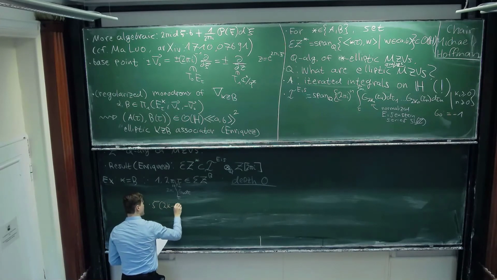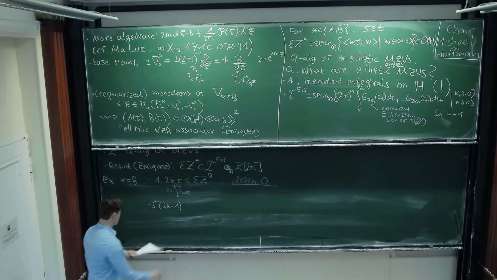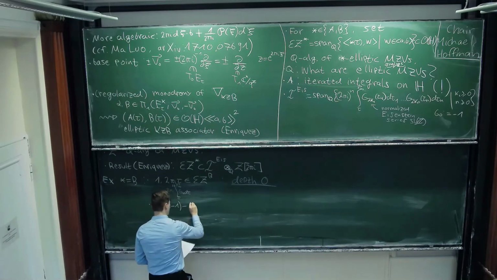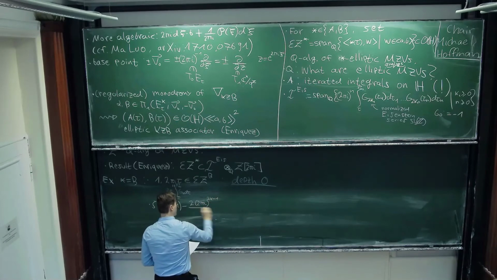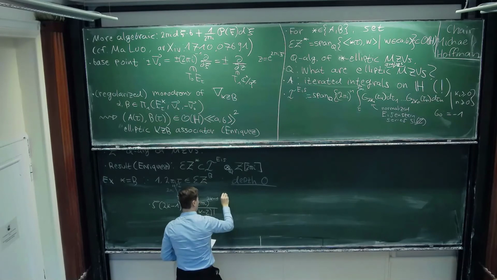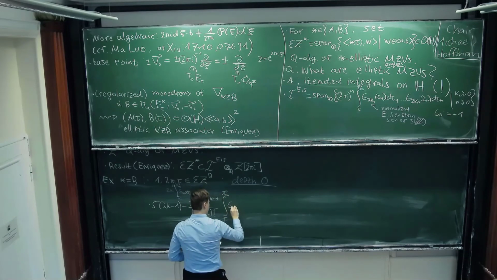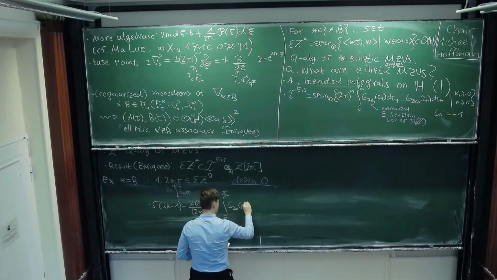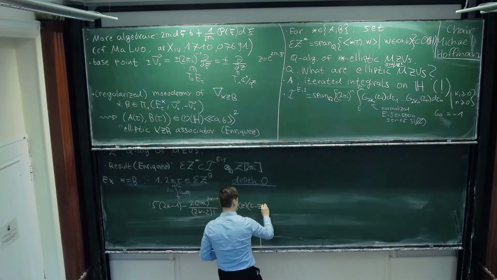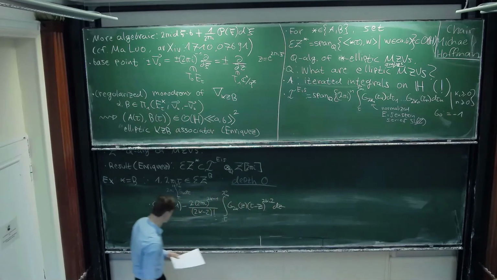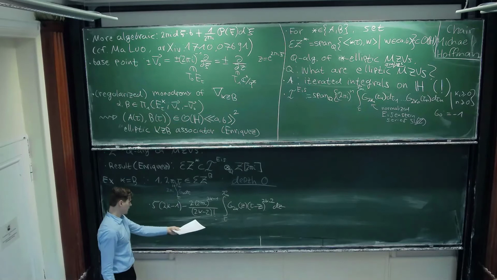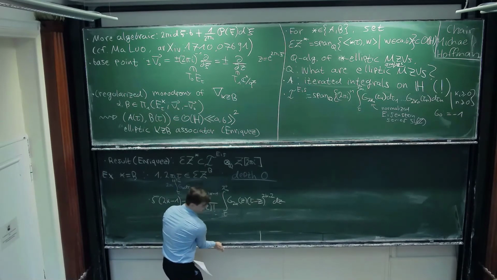What you're getting is an odd Riemann zeta value, and some prefactor 2 pi i to the 2k minus 1 over (2k minus 2) factorial, and then an so-called Eichler integral of the Eisenstein series G2k.